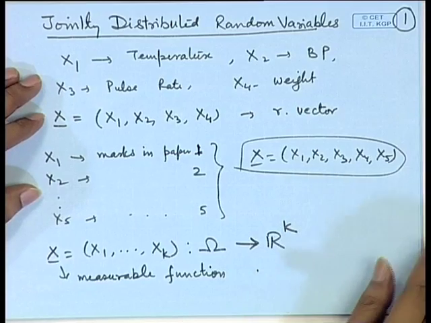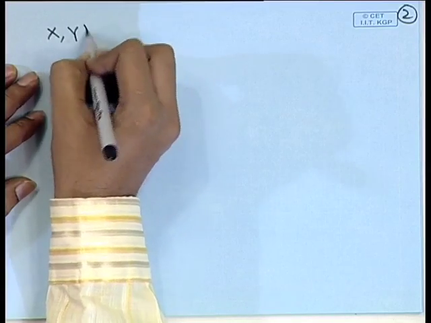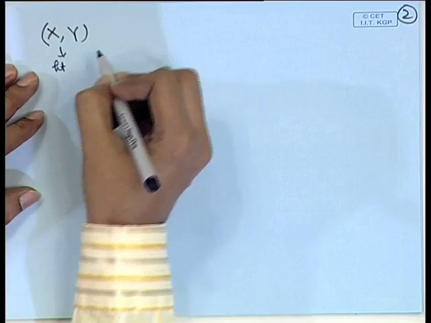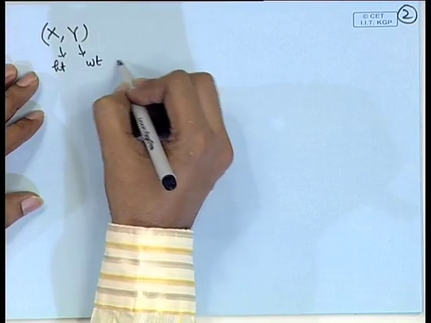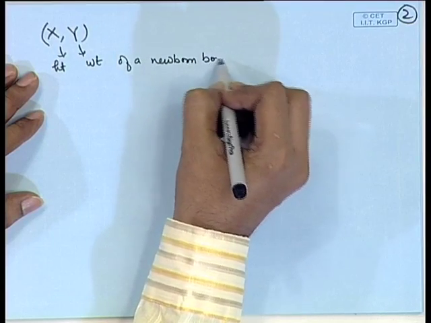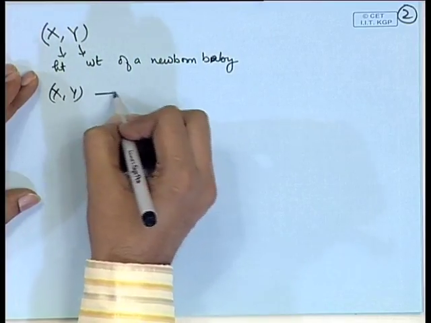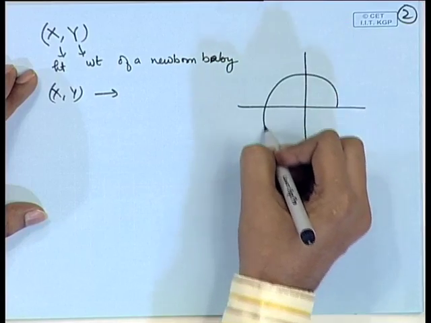For convenience, we will restrict attention to the 2-dimensional case in the beginning. So, let us consider jointly distributed random variables x, y. Here x could denote the height of a newborn and y could denote the weight of a newborn baby. (x, y) could denote the coordinates of a dart hitting a target.